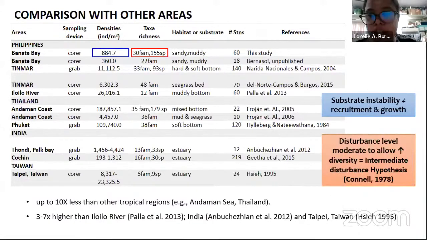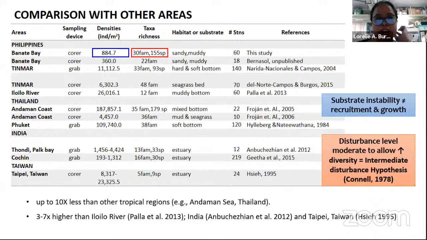Okay. So when compared to the densities observed in other regions, the density in Banate Bay is actually 10 times lower than that of Thailand and the Andaman Sea. This is likely due to the bay being rather disturbed.